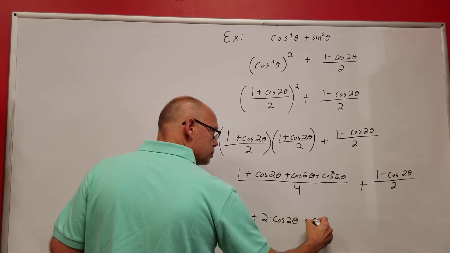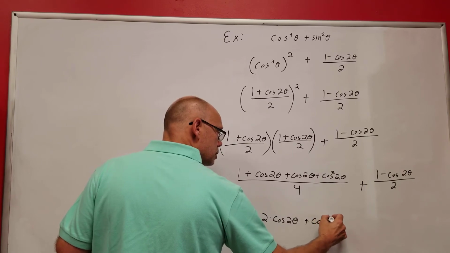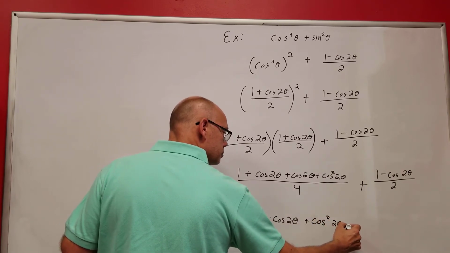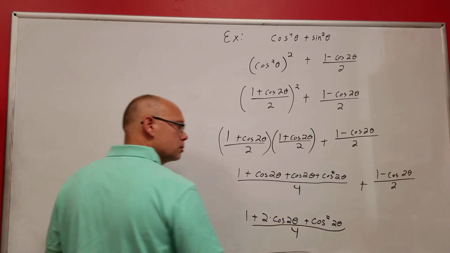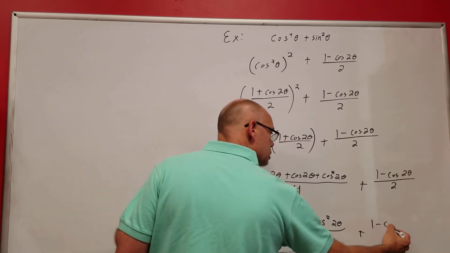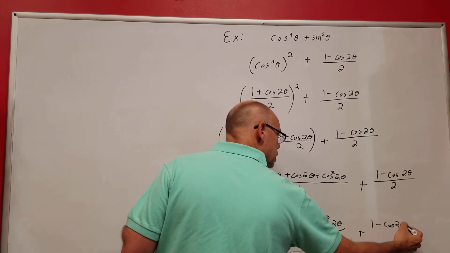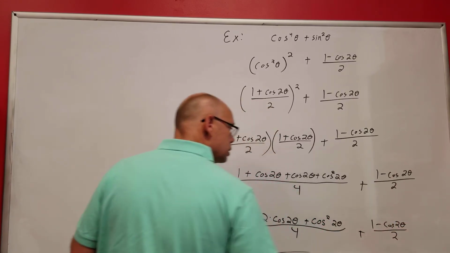Plus cosine squared of 2 theta all over 4 plus 1 minus cosine of 2 theta over 2.